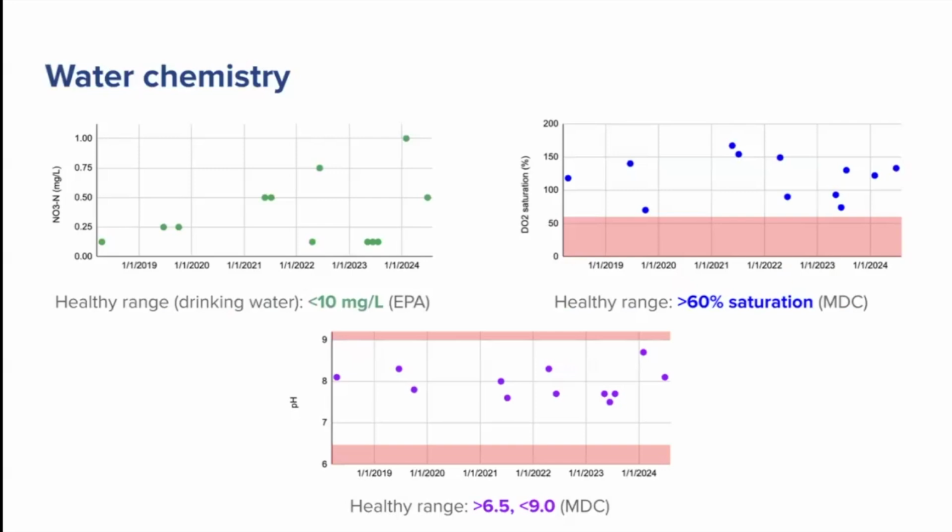And the dissolved oxygen is not anoxic. We have healthy levels of dissolved oxygen, so clearly it's not an algal bloom effect where algae blooms, dies, decomposes, and sucks all the oxygen out of the water. So the water chemistry backs up the fact that we have a healthy amount of algae.